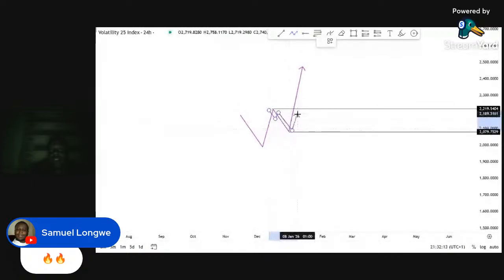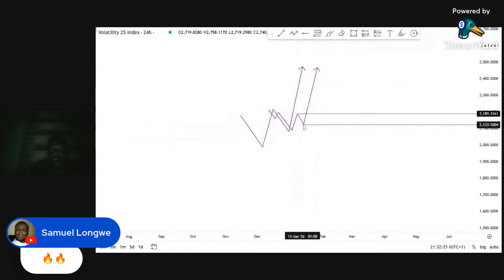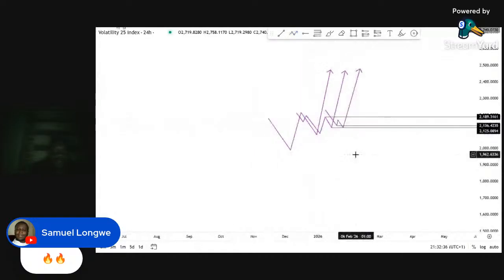So if I see something like this, now becomes my new area of liquidity. And in this place, I'll look for my liquidity engineering and I will buy. This makes sense? But I will show you chart examples and stuff like that.